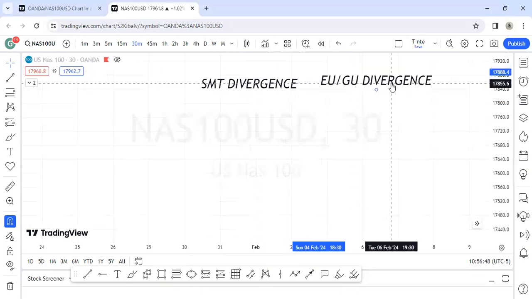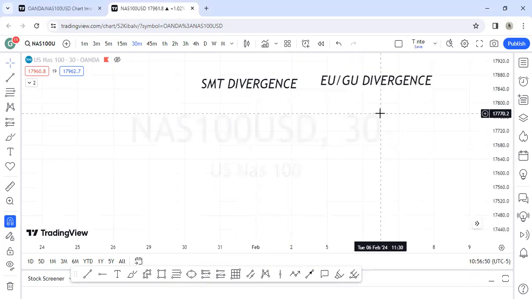Now, when we talk about SMT divergence, SMT stands for Smart Money Tool or Smart Money Technique, according to ICT. It's a very beautiful concept that if mastered, you can make a whole lot of money.